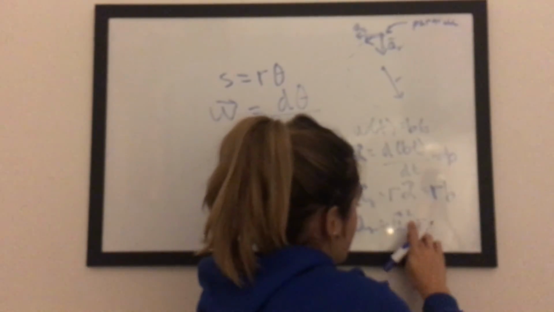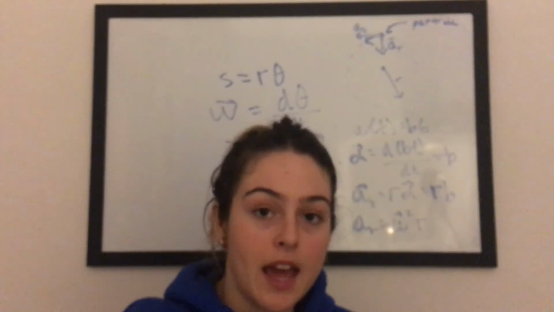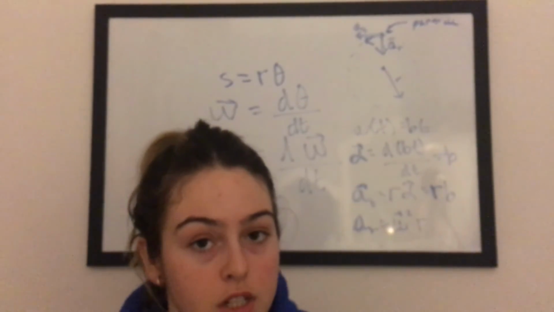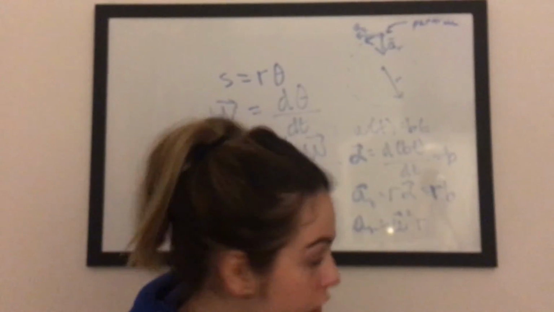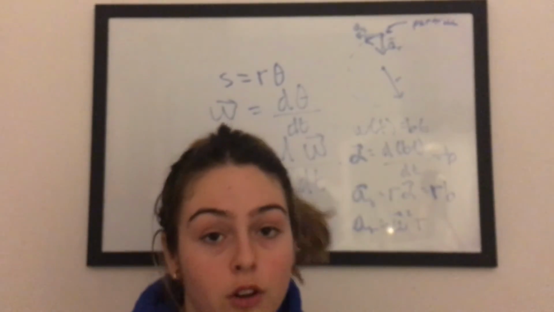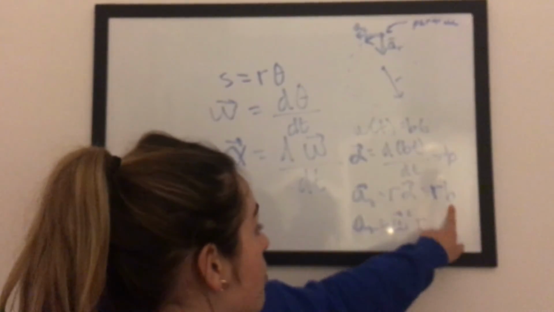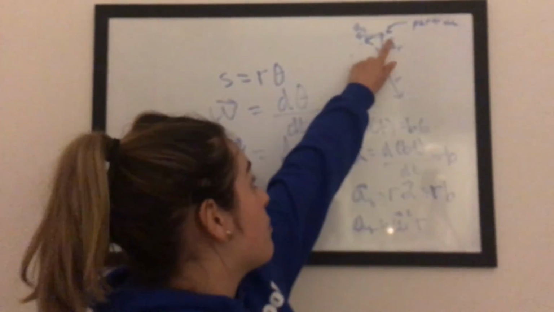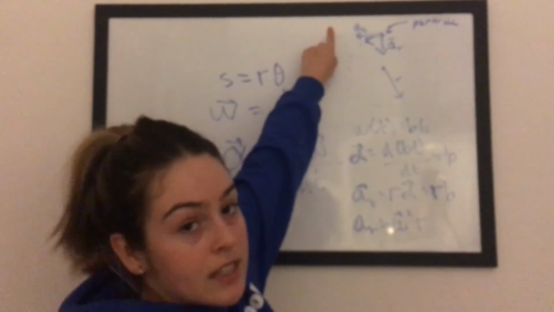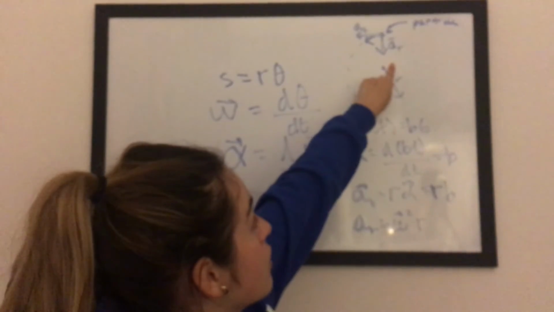times the radius. So we know that the net acceleration, therefore, is going to take into account both the tangential and the radial acceleration, and since we got positive values here, we know that the positive direction is this way for the tangential acceleration and this way for the radial acceleration.